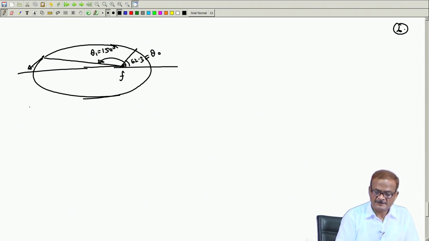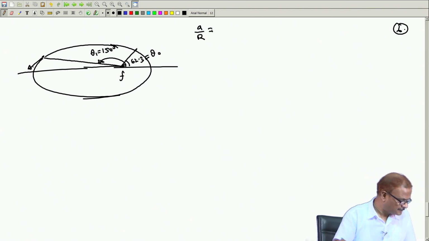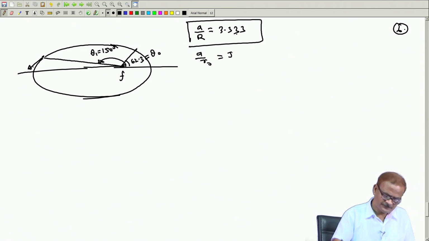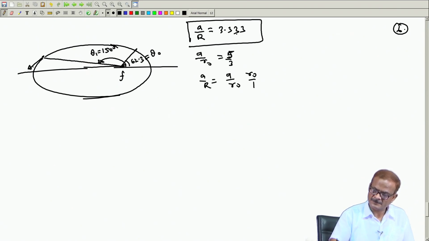What it is asking is that initially a by r 0, we have obtained as 5/3. And from there, a by r is a by r 0 times r 0 by r.